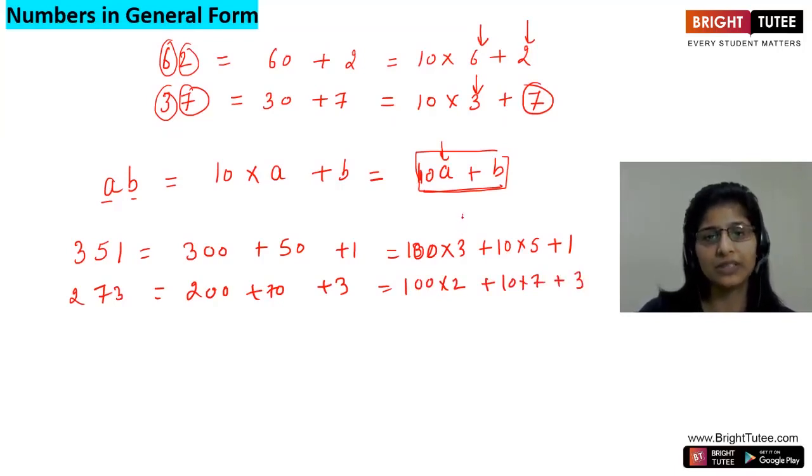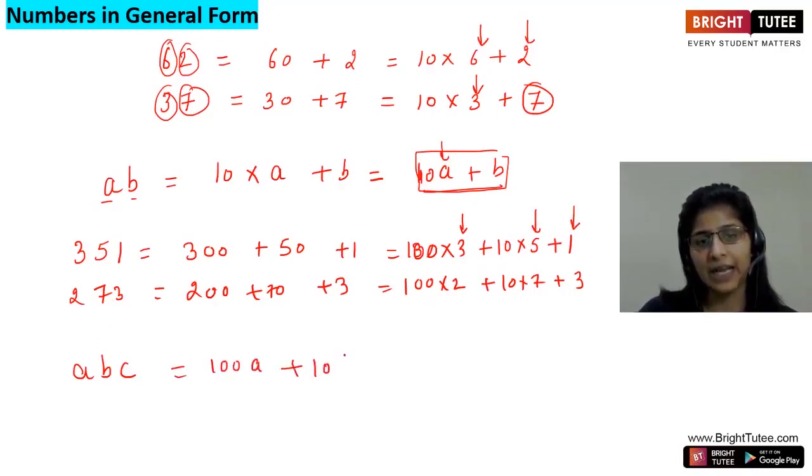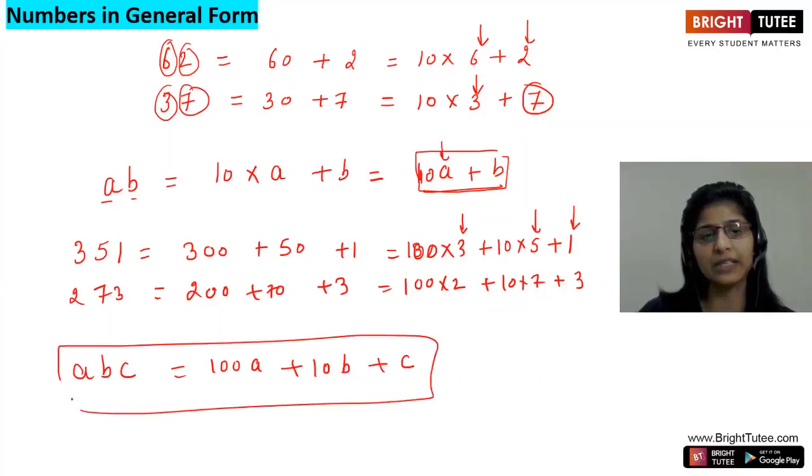If you observe, this is the first digit, let us name it A, the second digit is B, and the third one is C. So it is actually in the form 100A plus 10B plus C. If a 3-digit number is there, this is the general form of a 3-digit number. So we have discussed the general form of a 2-digit number and of a 3-digit number, right?